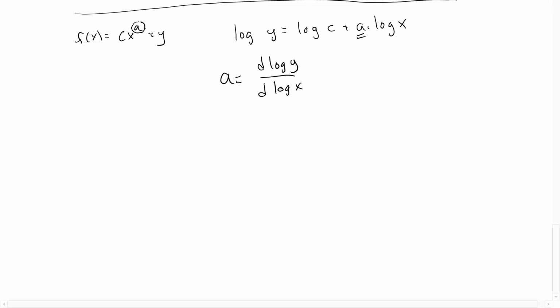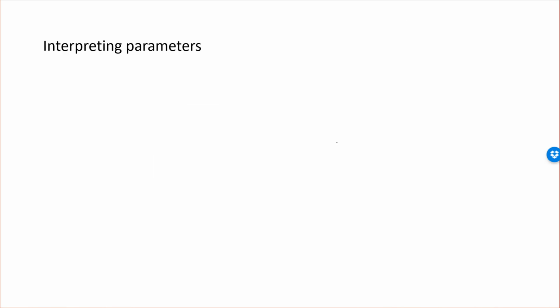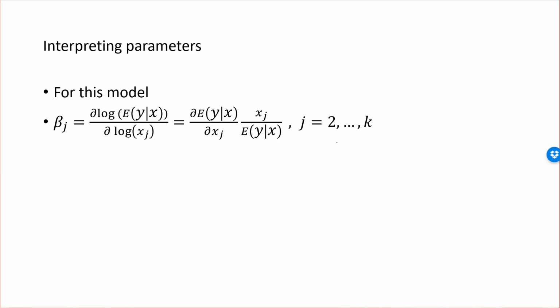For the econometrics model, we interpret this beta 2 as the derivative of log expected value of y conditional on x with respect to the logarithm of x. So this is an alternative expression for beta 2 or the elasticity. So here's the generalization for the case where we have more than one explanatory variable. The interpretation of the beta parameters is as follows.